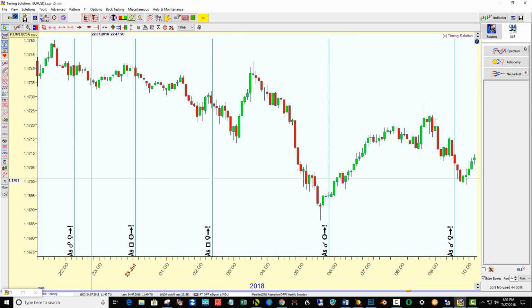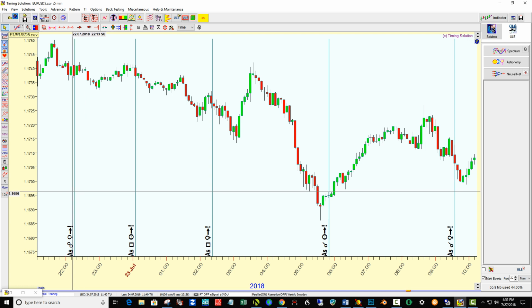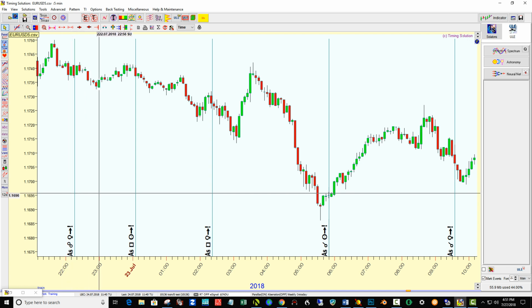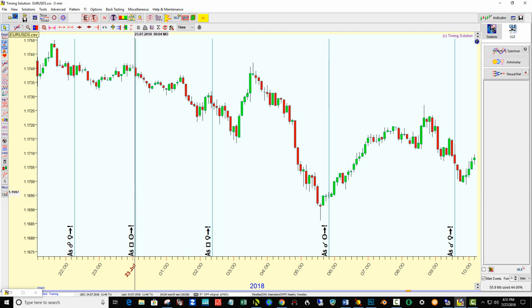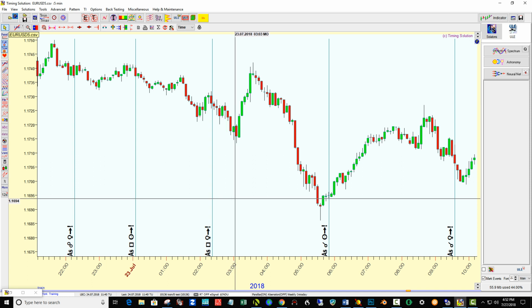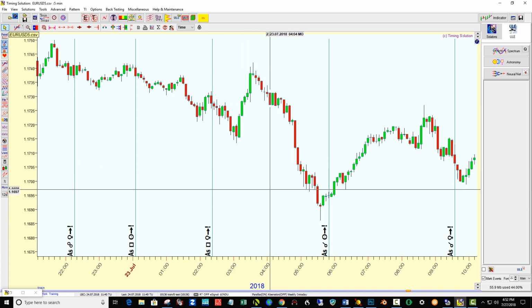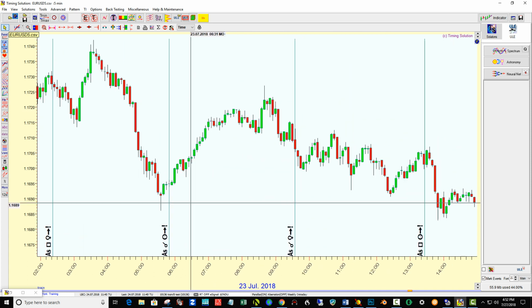Something else to be aware of is don't trade too much during the slow market periods. This is Eastern Daylight Time, so sometime after midnight things start to pick up as the Asian session gets going, and then around 3 a.m. we've got the London session starting, and suddenly there's a lot more activity.